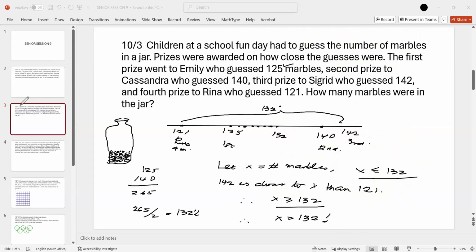This is supposed to be an exclamation mark, because I've expressed the answer ecstatically. So this is a very nice problem. If you know just the first, second, third, and fourth, without knowing the number of marbles, you can actually say exactly what the number of marbles is. Nice problem.